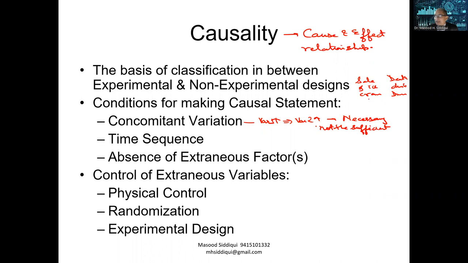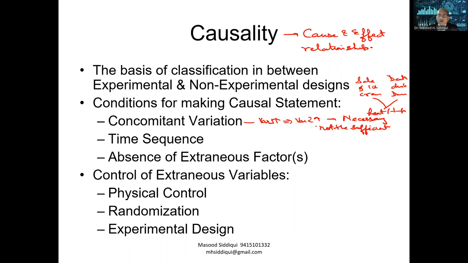But actually here what happened? Both are related to heat or temperature. As the temperature or the heat in the environment rises, there is an increase in the sale of ice cream, and more people go for swimming, either in the ponds or in the river or in the lakes.